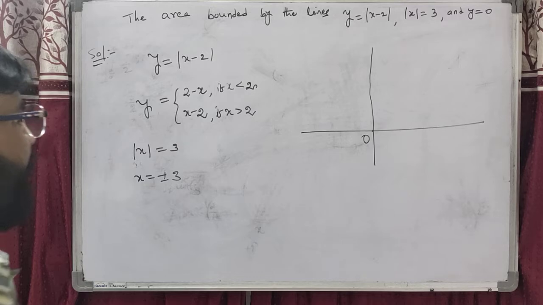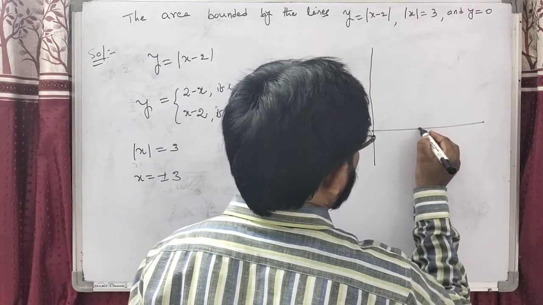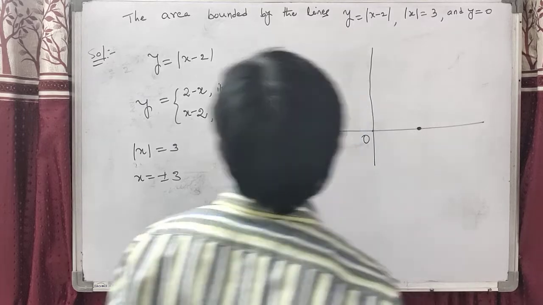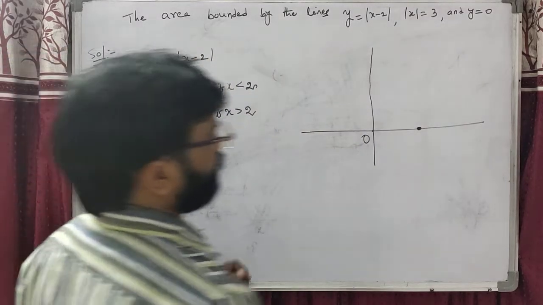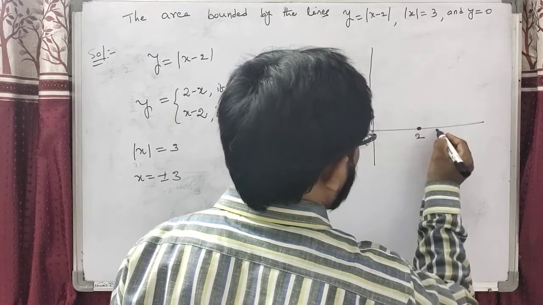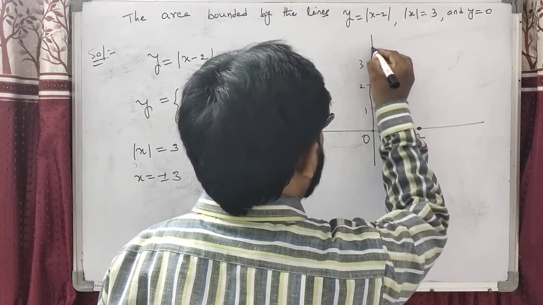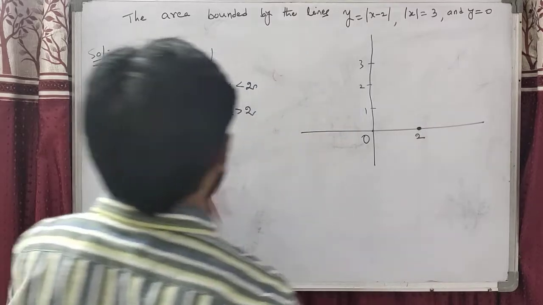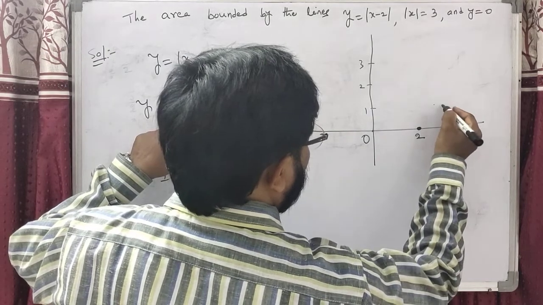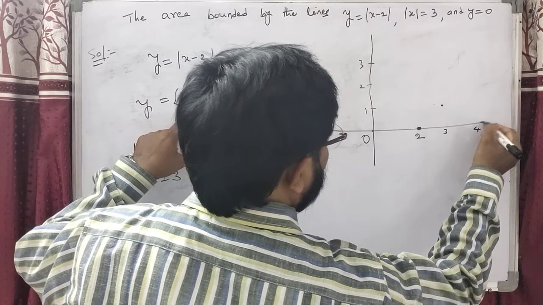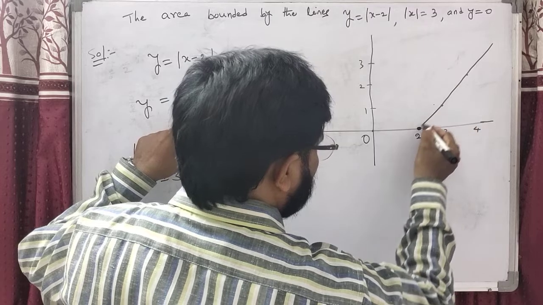When we take here, the mod is 2 minus 2, which is 0. This is the graph here. When we take 2, after that 1, 2, these are the 3. When we take greater than 2, 3 minus 2, this is 3 minus 2, 1. This is 4 minus 2, 2. Dear students, we got like this.